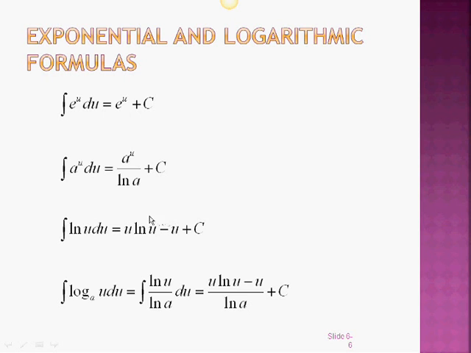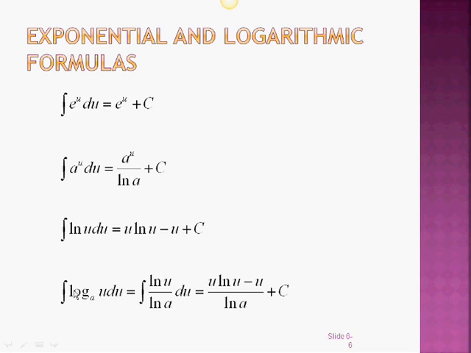If I actually did the product rule here, found the derivative of this using the product rule, minus the derivative of this, which would just be 1, I would end up getting natural log as my derivative. So just know the antiderivative of the natural log of u is u natural log of u minus u plus c.